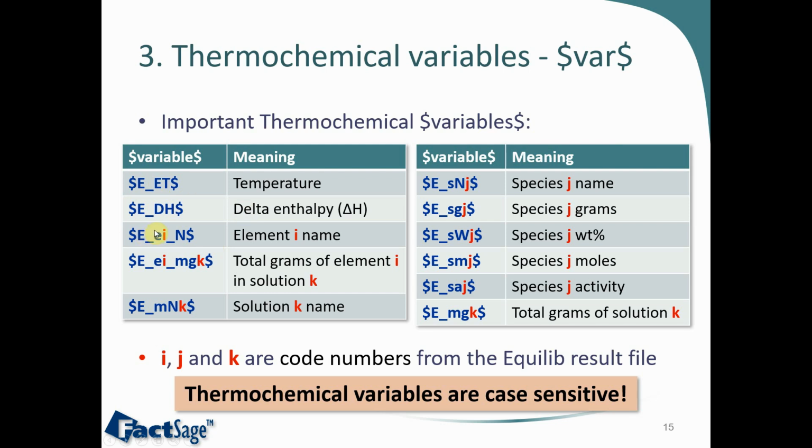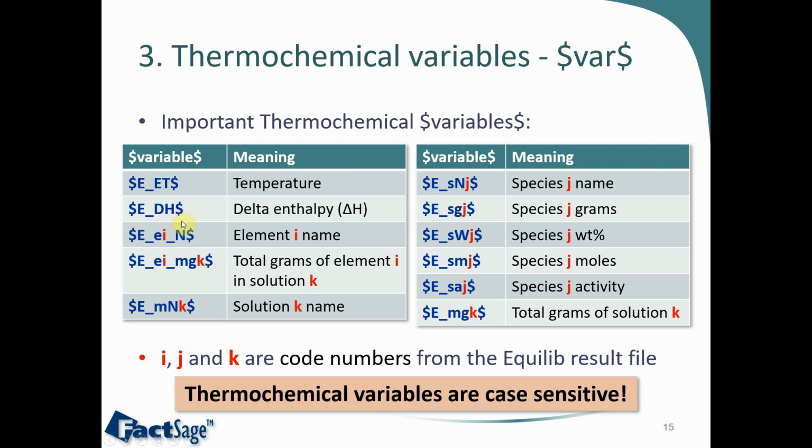To designate an element, we use the notation lowercase e here, followed by the element code number I. We add the uppercase N to get its name.